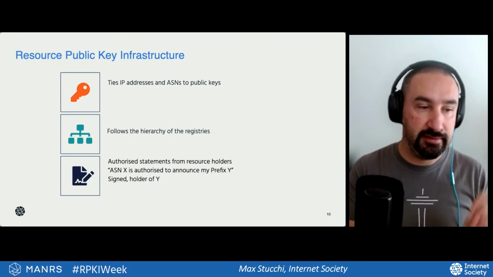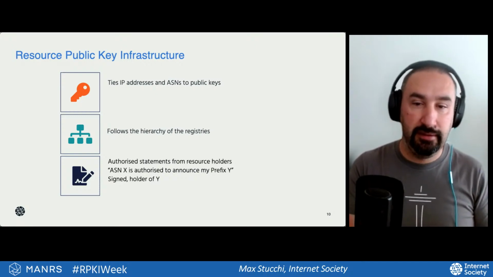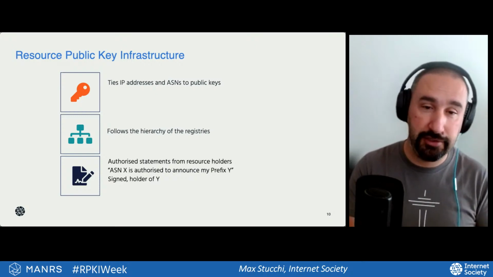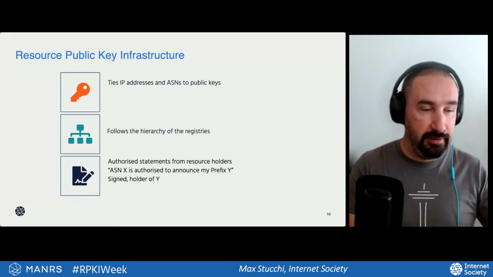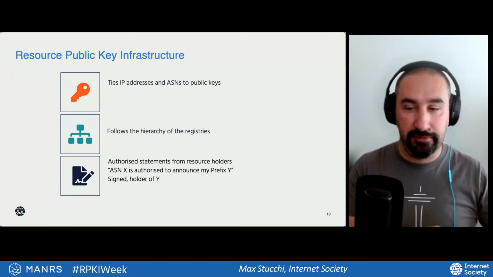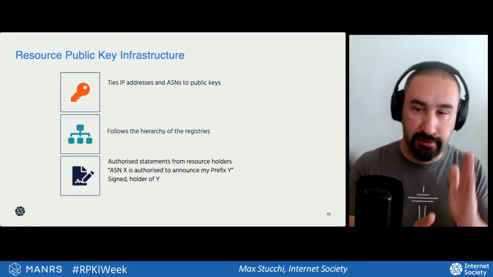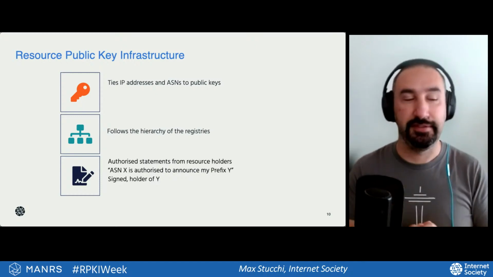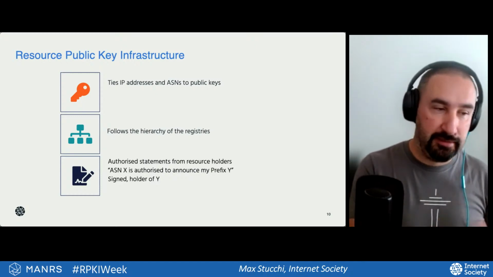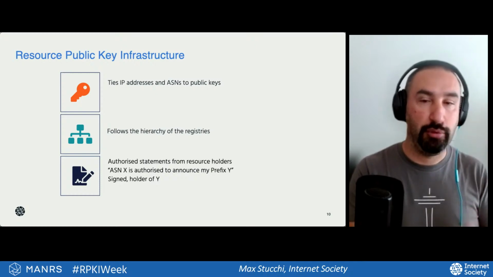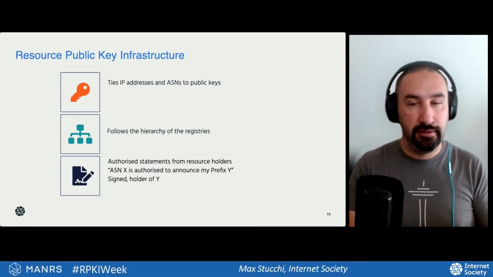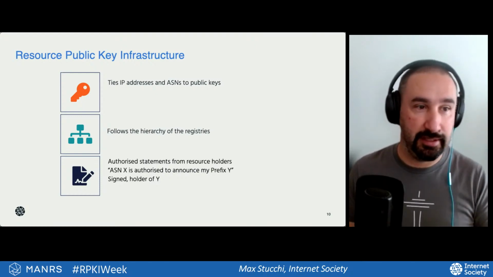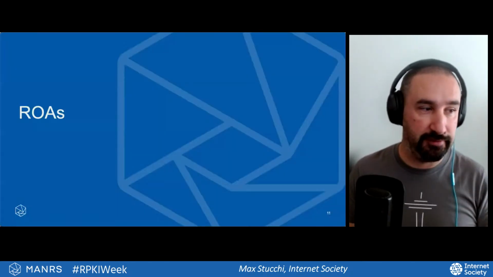And inside this hierarchy, we get a piece of information that tells us this ASN is authorized to announce this prefix. And then there's a digital signature that comes from the holder of the prefix. So you can imagine that with this, we can get ultimate trust, as I mentioned already, in the whole system.